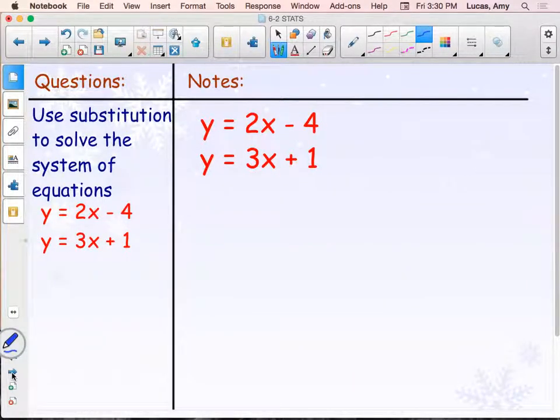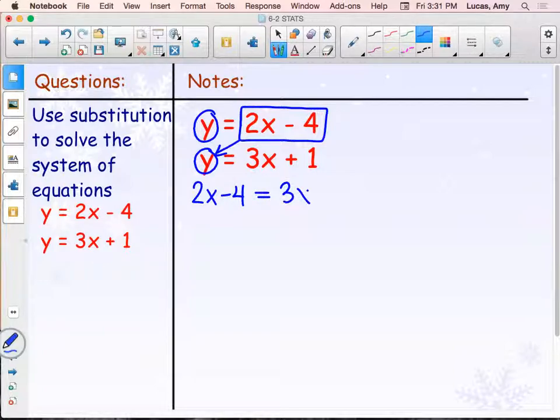Okay, our last example looks a little bit different because there are two variables all by themselves. I'm going to pick one of them, and I am going to see what it's equal to. So y is equal to 2x minus 4. So that 2x minus 4 replaces the other y, and it gives me an equation that has variables on each side. So I cannot combine them together on this one.